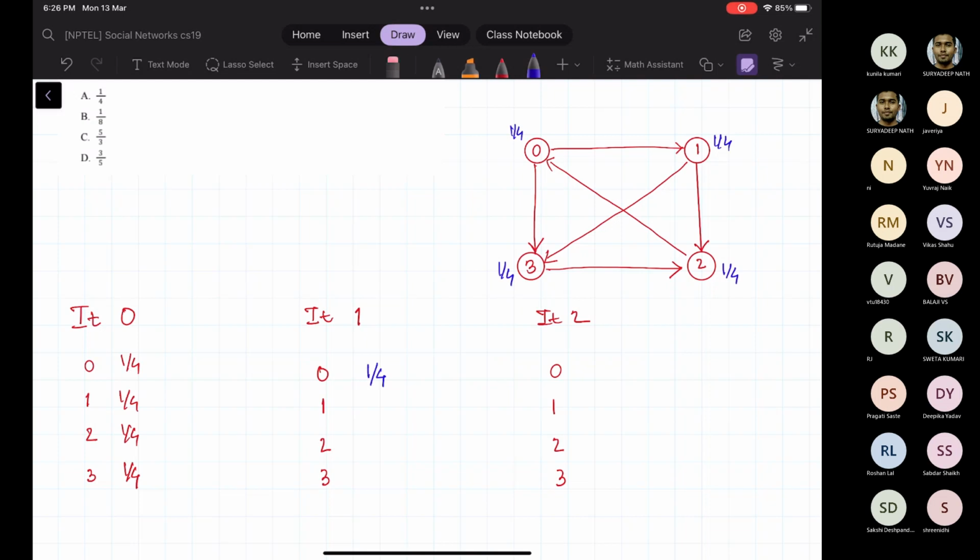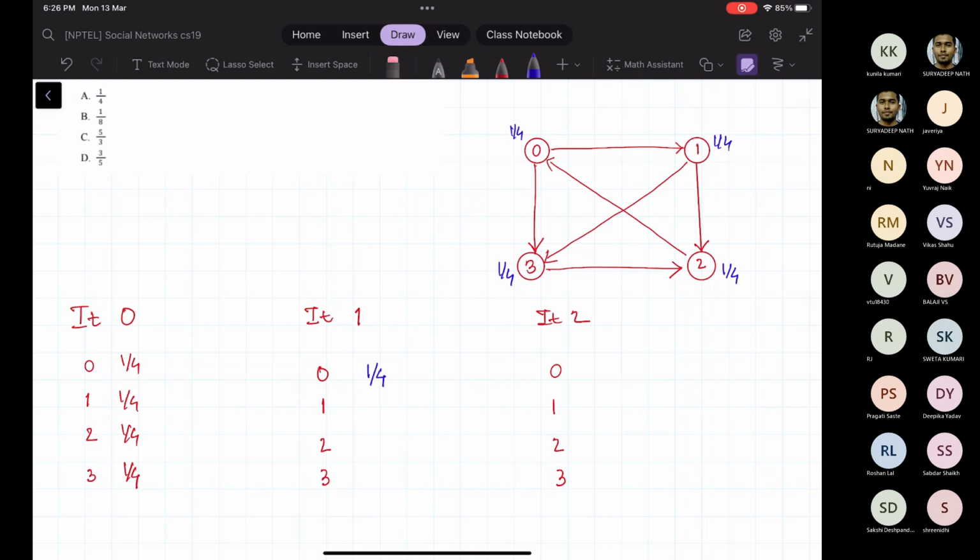Coming to node 1, it has one incoming edge and two outgoing edges. The outgoing edges take away its existing page rank of 1/4 and distribute it equally, 1/8 to 3 and 1/8 to 2.